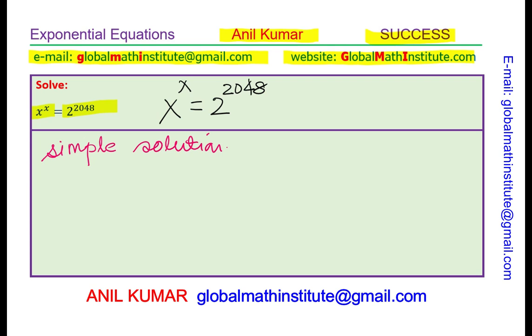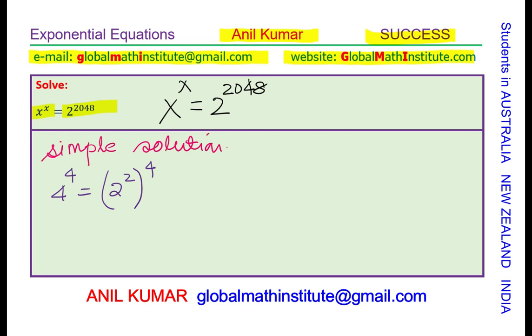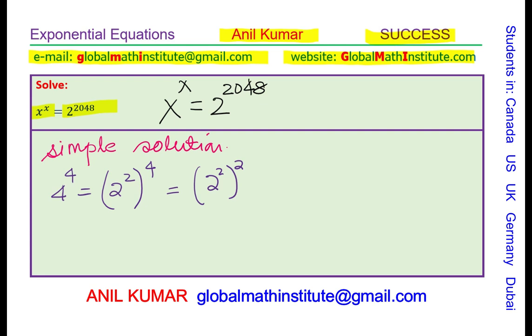That's the whole idea. So let's take an example: what is 4 to the power of 4 equal to? 4 to the power of 4 is very similar to x to the power of x. We are close to the question itself with this assumption. Well, I could write 4 as 2 squared. So it is 2 squared to the power of 4. Now think about 4 also as 2 squared. Does that make sense?